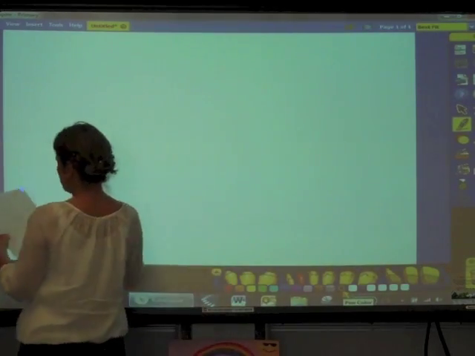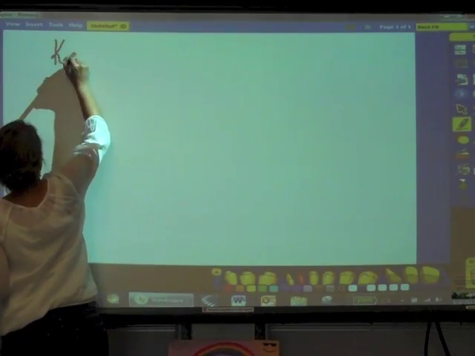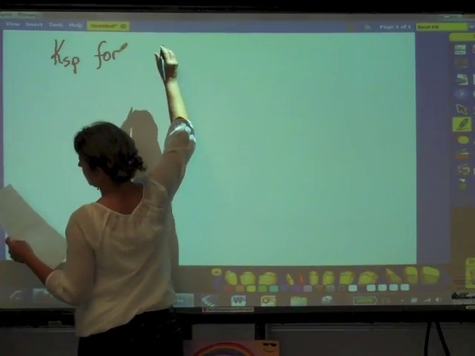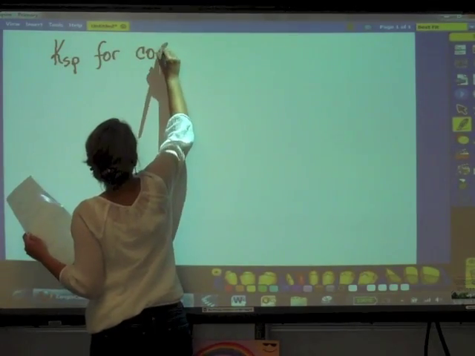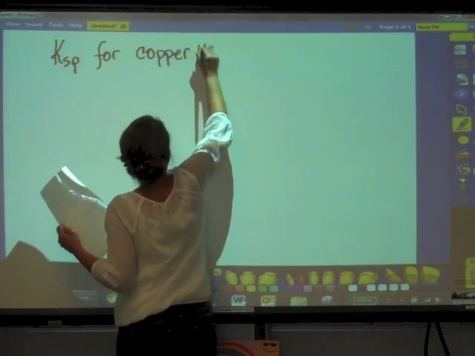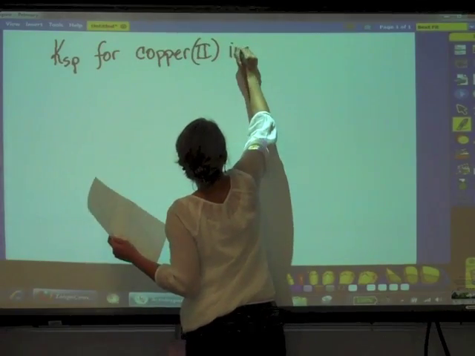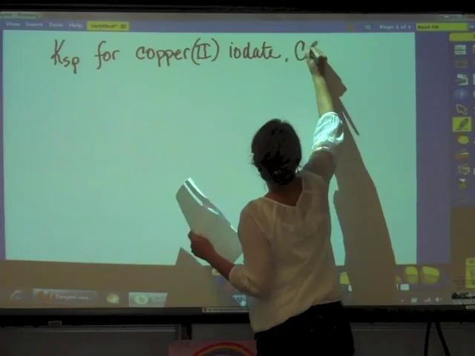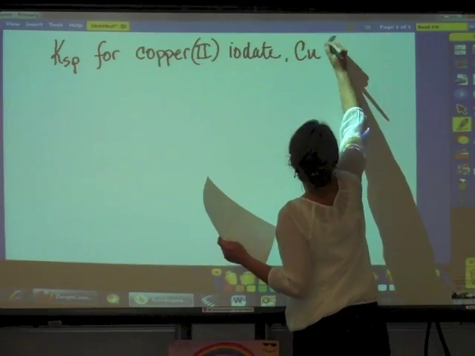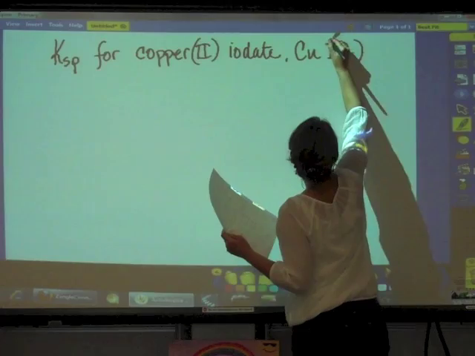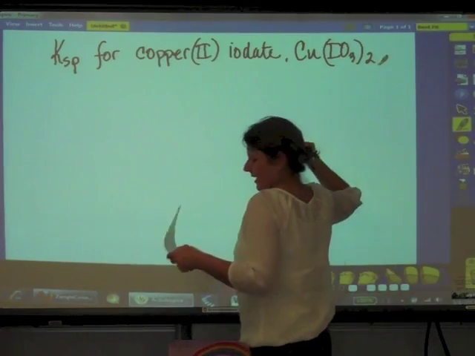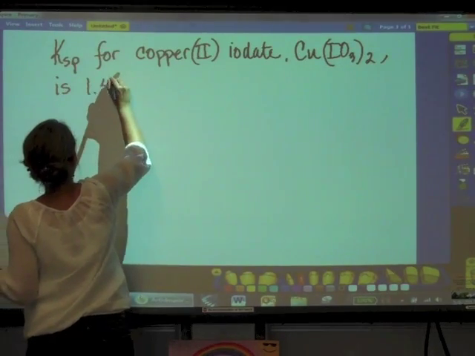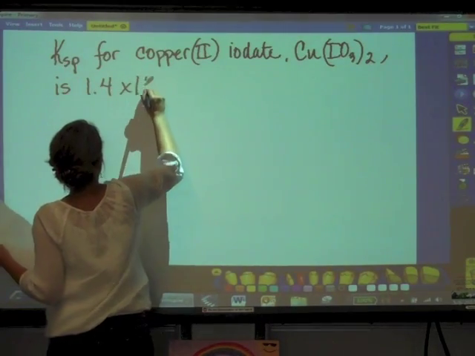Okay, the Ksp for copper(II) iodate, which is Cu(IO3)2, is 1.4 times 10 to the minus 7th.